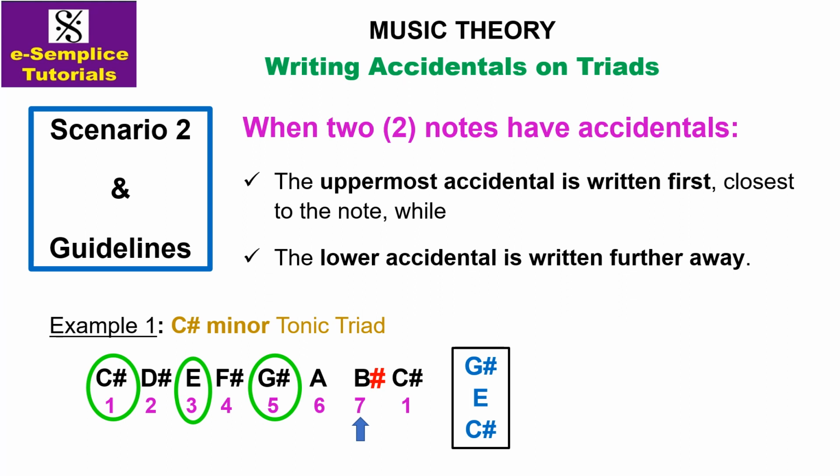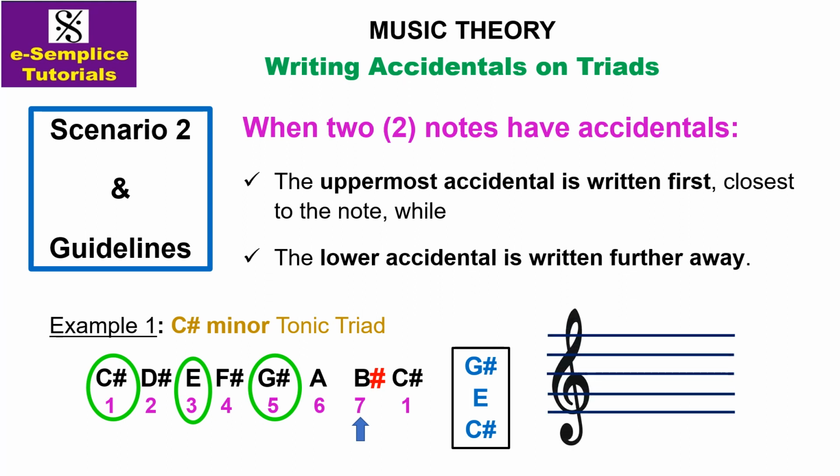You have C sharp, E, and G sharp. We need a staff to work with. Now, guideline number 1. As usual, write out the 3 notes without writing their accidentals first. So you have C, E, and G.